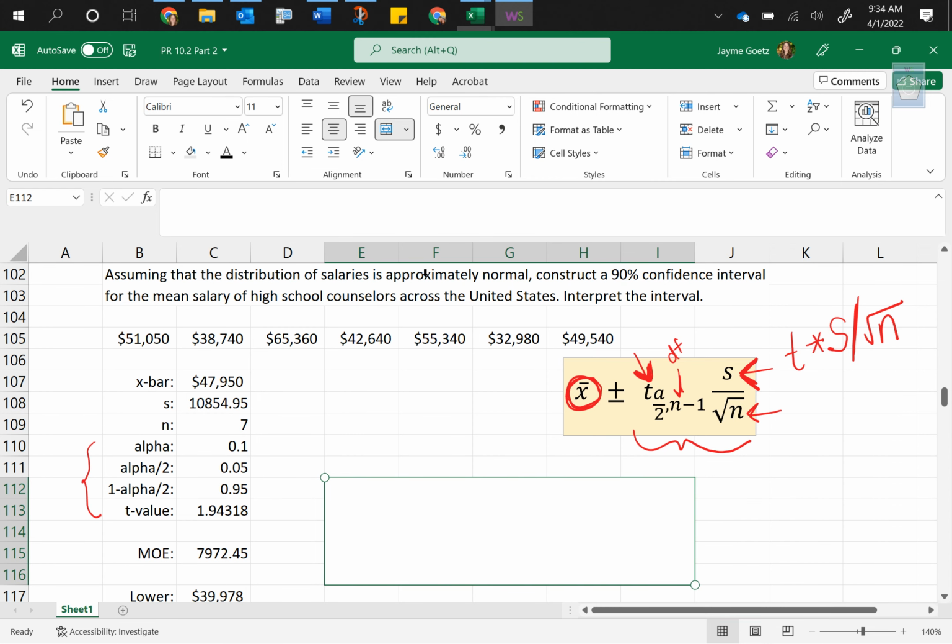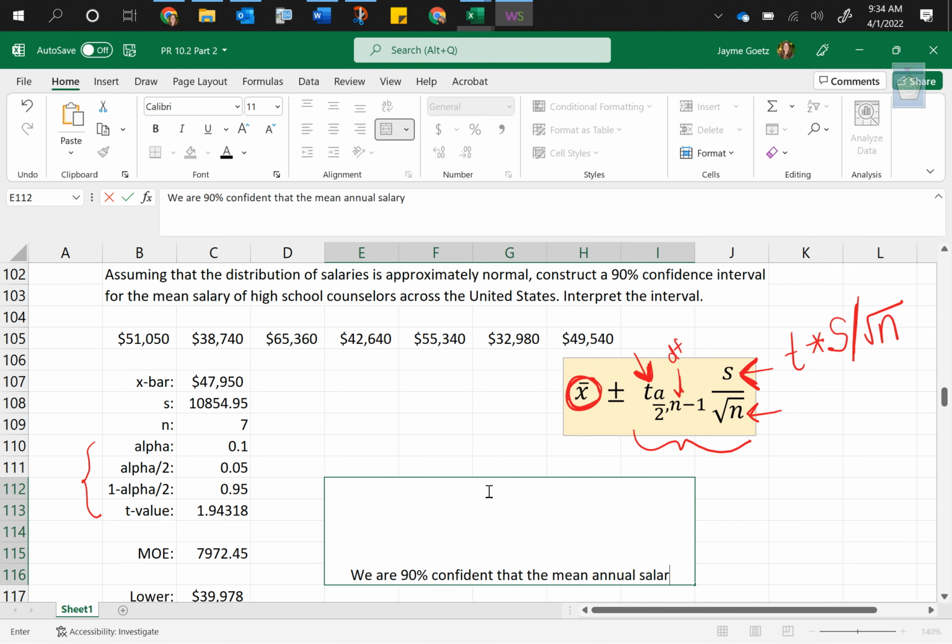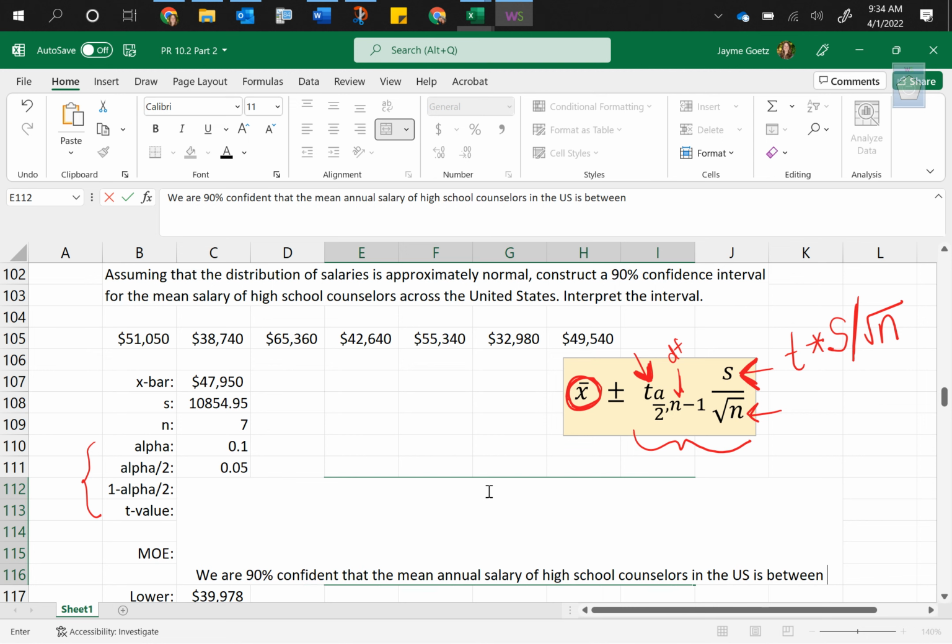So what we're going to say is we are 90% confident that the mean annual salary of high school counselors in the United States is between $39,978 and $55,922.